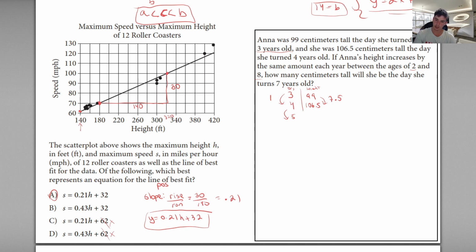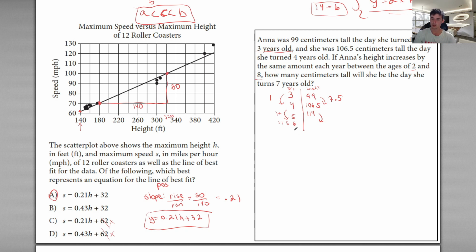Okay, so that's 114. When she's 6, she's going to increase 1 in the y-axis, right? So as she increases 1 in the x-axis, she's going to increase 7.5 in the y-axis.